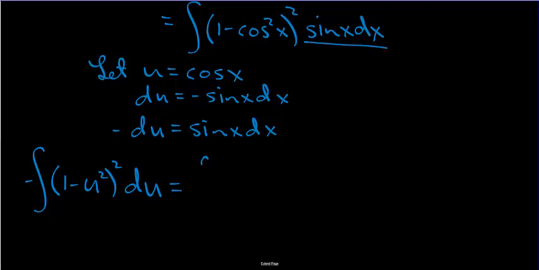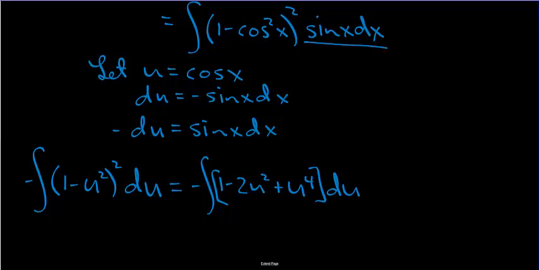Now I've got negative in front, 1 minus 2u squared plus u to the fourth, right? I just kind of multiply that out. Yeah, du. Thank you. Boy, I appreciate that. Y'all catch stuff. Okay? Any questions about that?